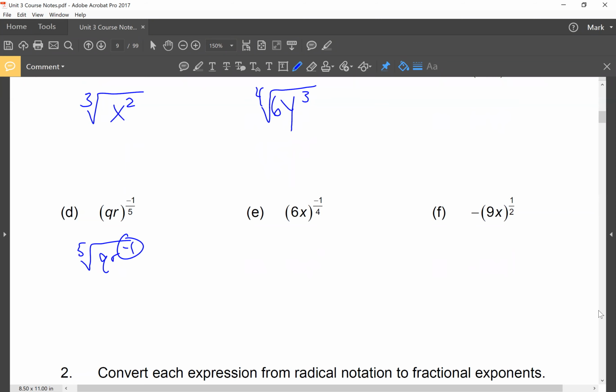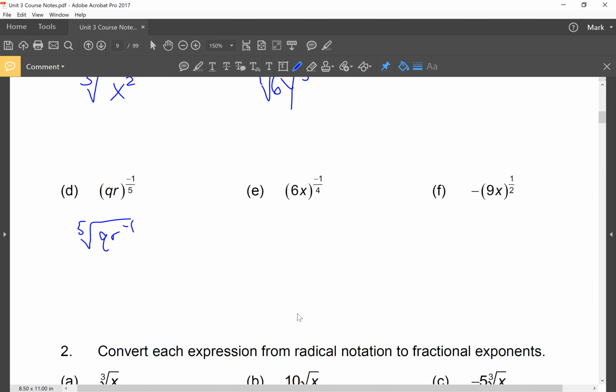Because this is a -1, I'm going to rewrite this with my 5 and go 1 over the 5th root of qr to the power of 1. The negative means I flip the expression and write it as a reciprocal, which is what we call this in math. Hold on, let me write that again, it was a little bit messy. There we go.